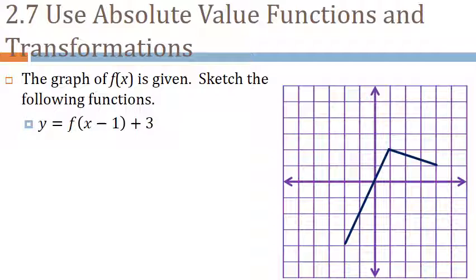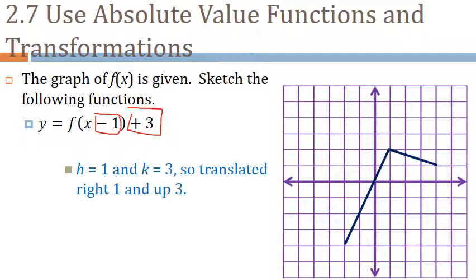Let's try another. This time, we've got an h and a k. Remember, it was x minus h, so h is 1, and k is 3. So we've translated 1 to the right and 3 up.